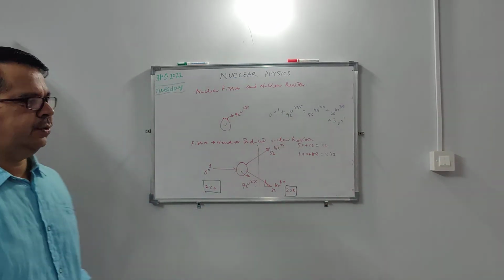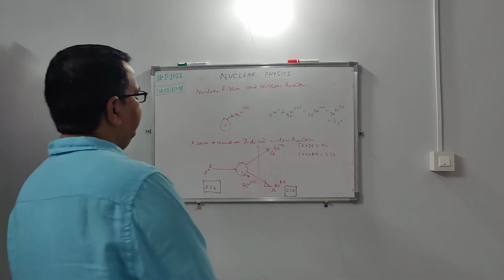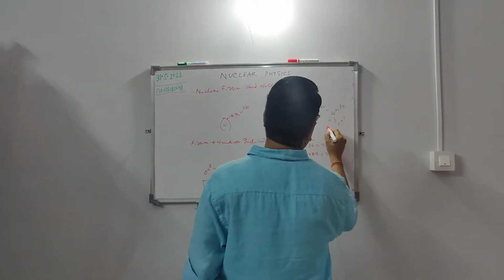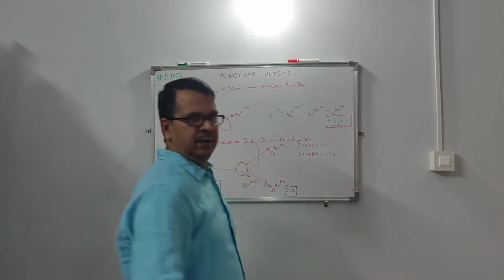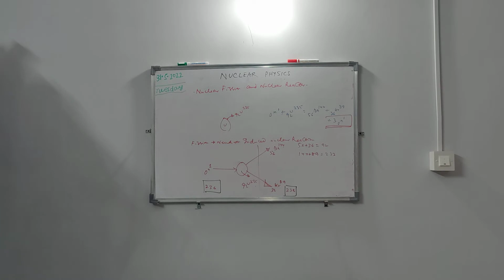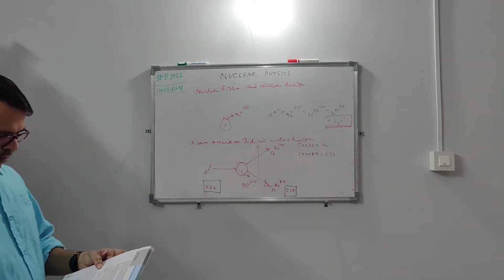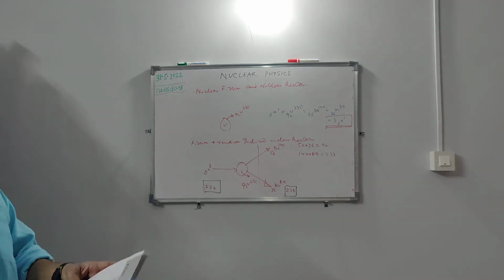So it will produce 3 neutrons. It will break and produce 3 additional neutrons. These neutrons are very, very high velocity neutrons. These are the products.